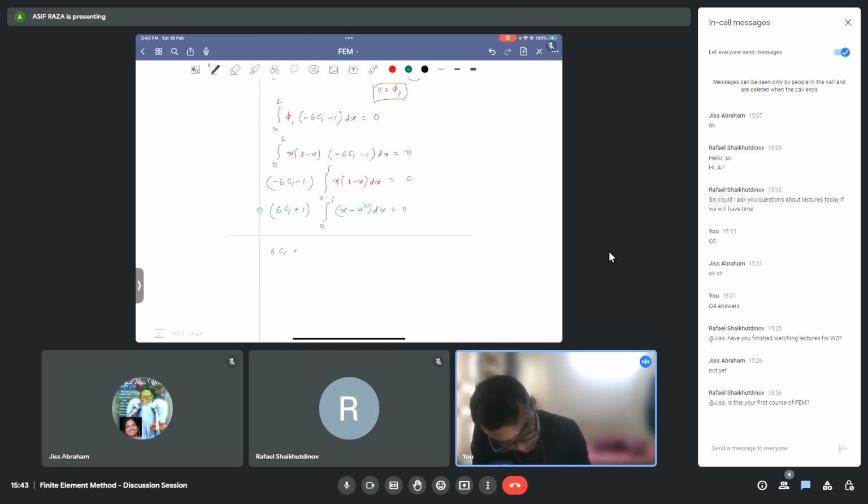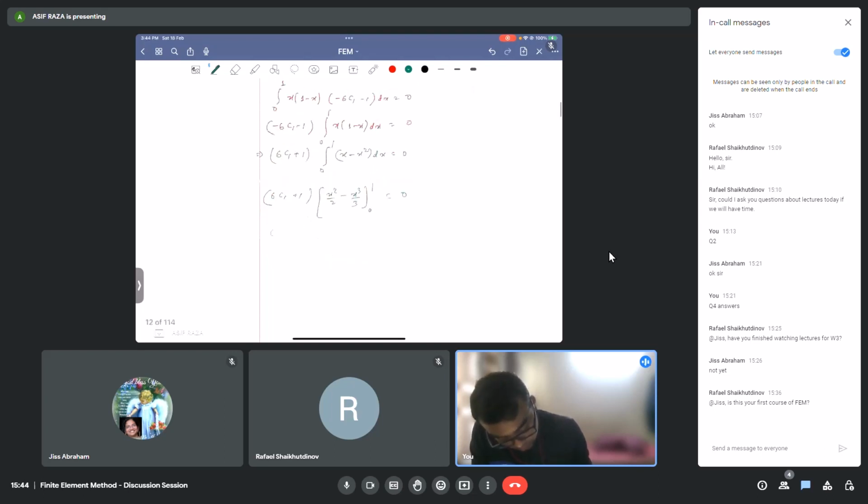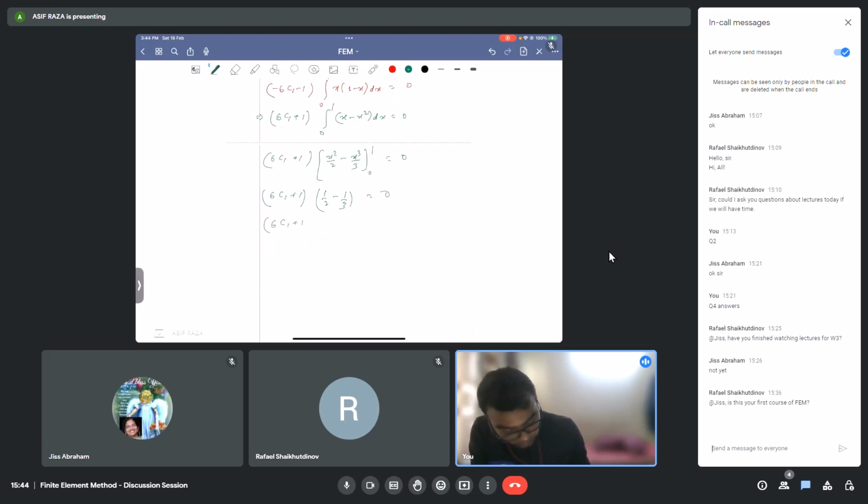So this is equal to x square by 2 minus x cube by 3, integrating on the domain. So 6 c1 plus 1, times 1 by 2 minus 1 by 3, equal to 0. I don't know if it is correct. I have made a mistake somewhere. I think 3 minus 2 is 1 by 6. This gives me c1 equal to minus 1 by 6.